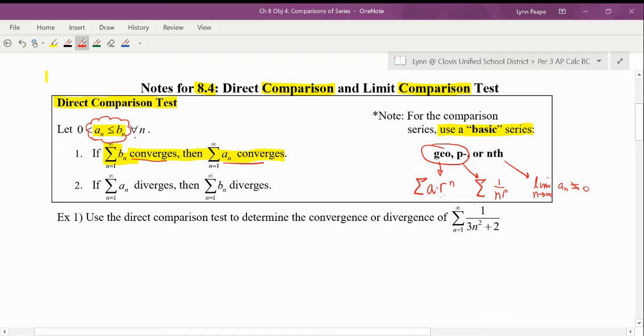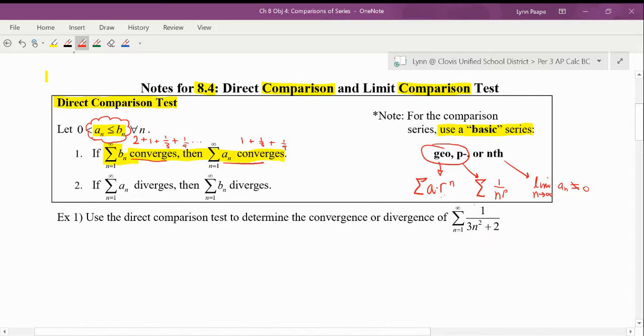So if we knew all of the terms here, say 2 plus 1 plus, I don't know, a third plus a ninth, and so on and so forth, if we knew that this added up to a finite value, and then I look at one that has all smaller terms, so maybe it starts at 1, right, and goes 1 plus a third plus a ninth. So this would be a smaller one, right, because I chopped off that 2. It would have to converge as well, right? So if the bigger termed series converges, the smaller termed one has to converge as well, right?